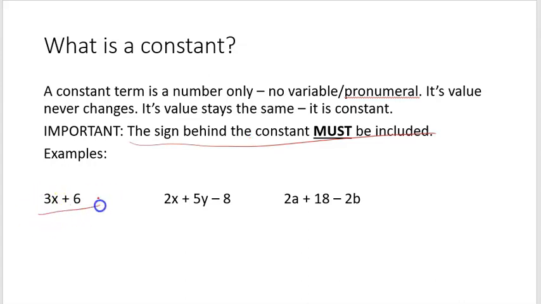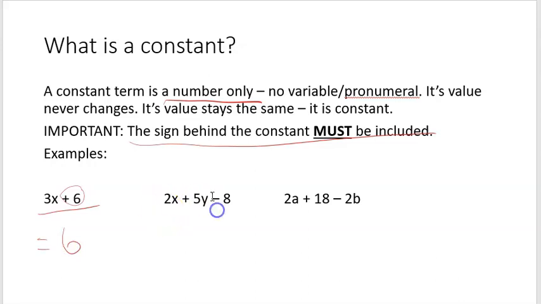So in the first example here, we've got 3x add 6. The constant is a number only, so the constant is 6, but you need to make sure that it's positive 6. But when you're being asked what is the constant of 3x plus 6, you don't need to write positive 6, you just write 6 on its own because we know already that that is positive 6.